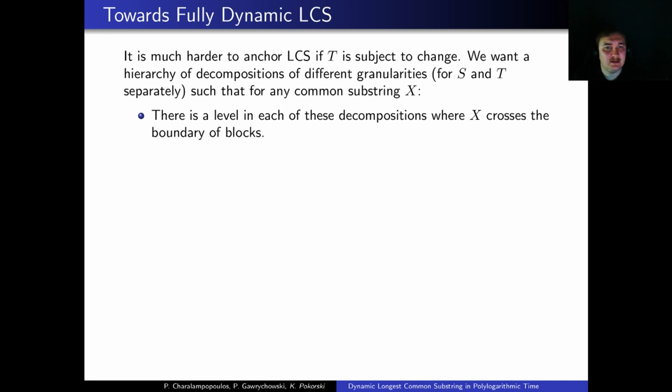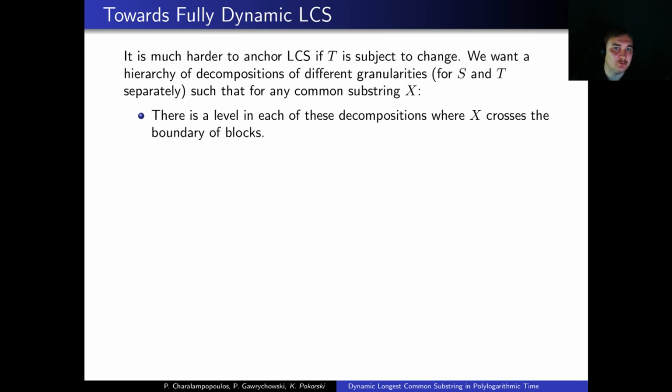And the idea is a little similar to the previous one. For any common substring X, we want to be able to find some level of granularity in our hierarchy of decompositions where X appears and crosses the boundary of blocks.